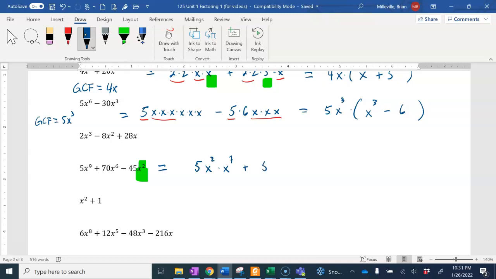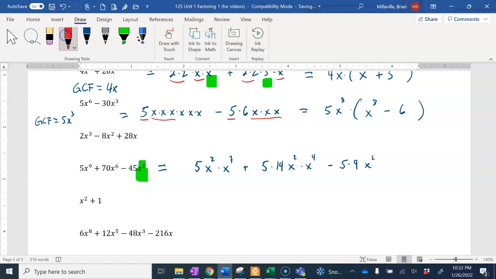So we can rewrite that as 5 times 14, and then we want to write that as times x squared again. Well, we have a total of 6 x's. We just wrote down 2 of them, and therefore using exponent notation, we'd have 4 left over, which we could write as x to the 4th power. Minus 45 is equal to 5 times 9, and then we have x squared there.